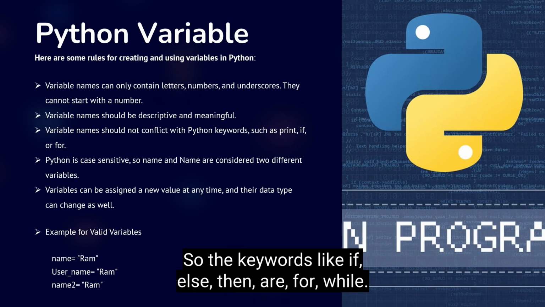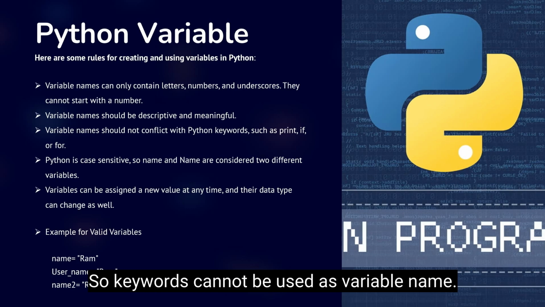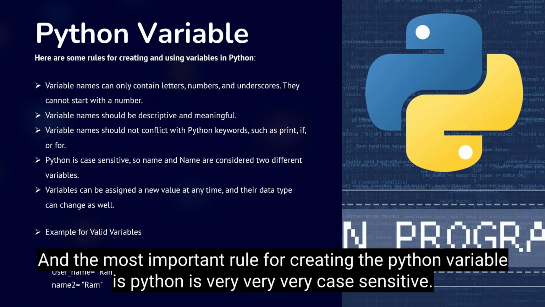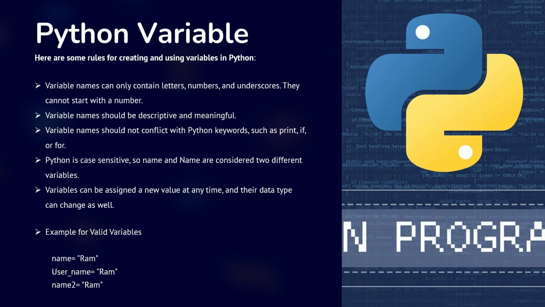Keywords like if, else, then, for, while are all keywords, so keywords cannot be used as variable names. And the most important rule for creating a Python variable is that Python is case sensitive. So you have to remember that uppercase and lowercase variables are different variables.